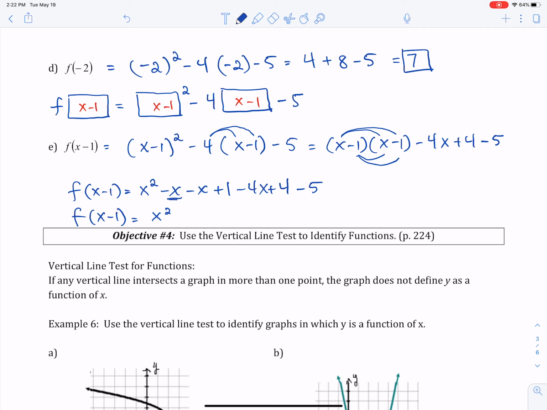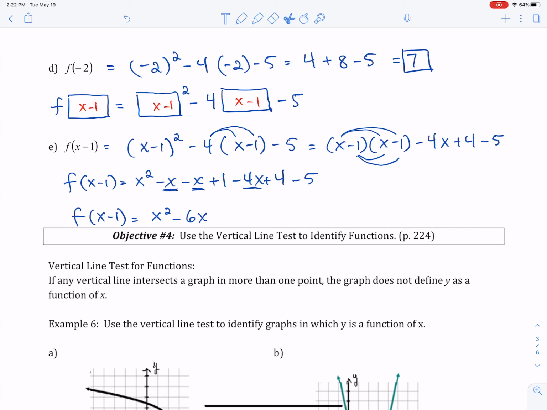Like terms are negative x and negative 4x, that makes negative 6x, and 1 and 4 makes a 5, and 5 minus 5 is 0, so that's how far we can go. I'm going to box my answer.